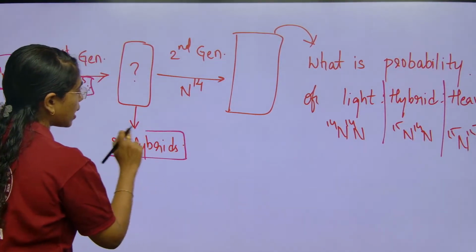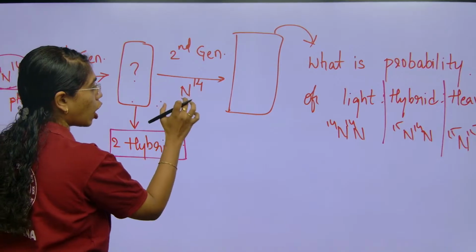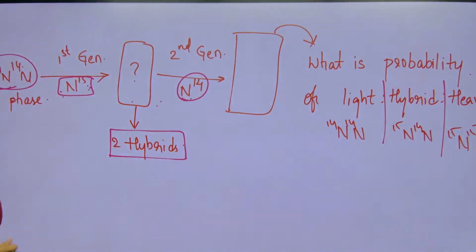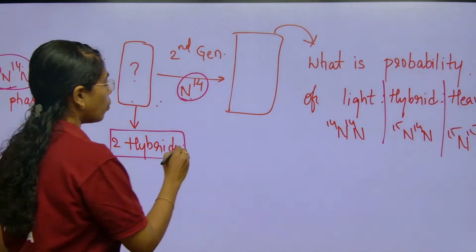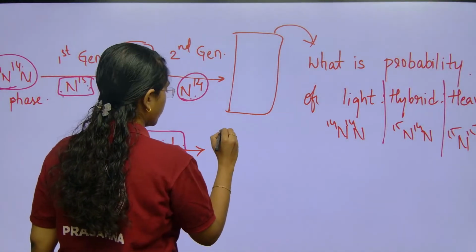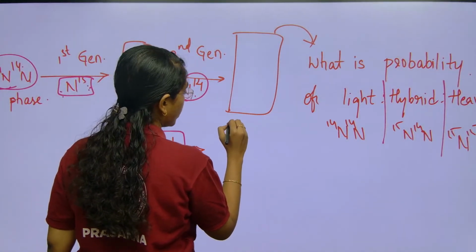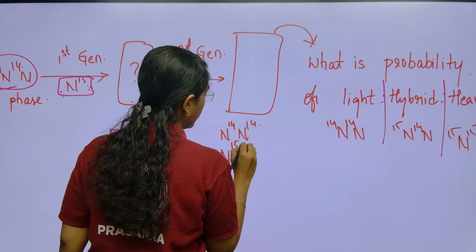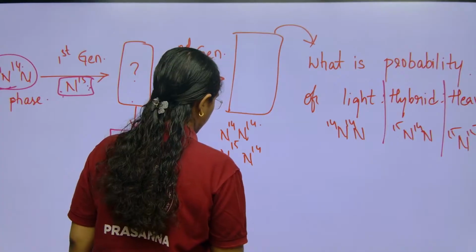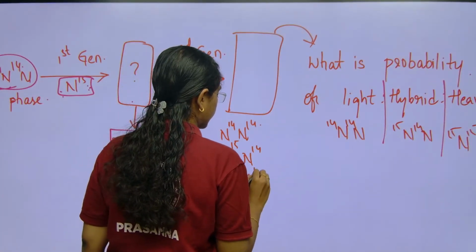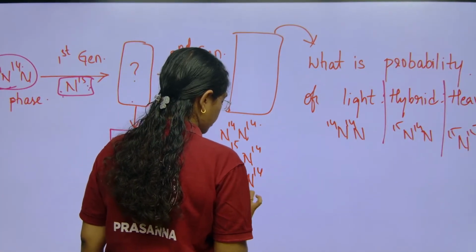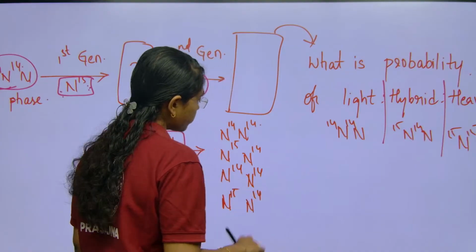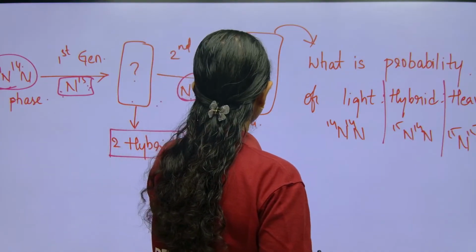And these 2 strands, when they are incubated in the normal culture medium again, after generation 2, what do you get in the normal culture medium? You will get N14, N14, then N15, N14, then N14, N14, and then N15, N14. The result is same.